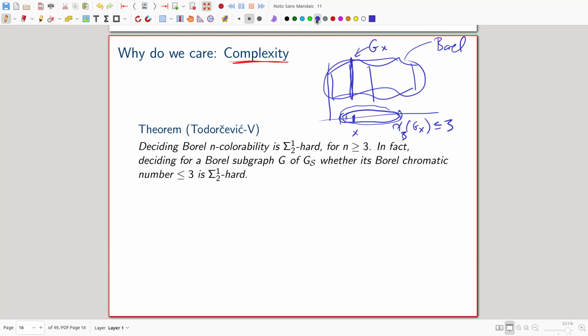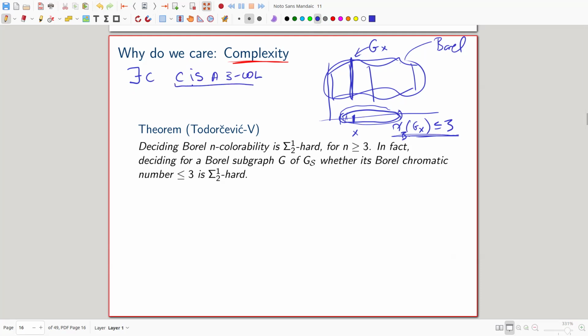What does it mean that you have a Borel 3-coloring? It means that there exists a 3-coloring, so the existential quantifier, a coloring C, such that C is a 3-coloring.